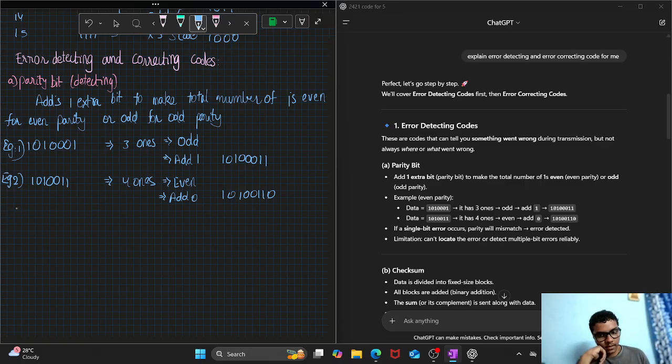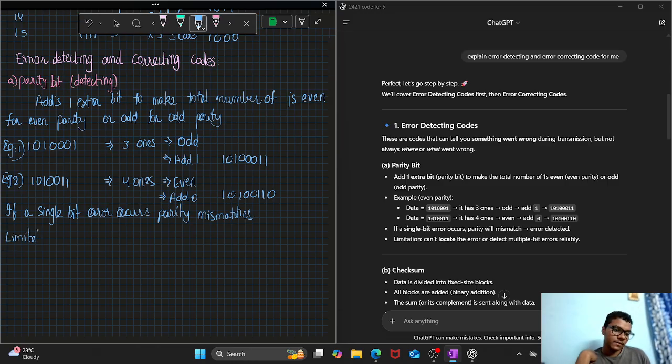If a single bit error occurs, the parity mismatches. Limitations: it can't locate the error, and it cannot detect multiple bit errors.